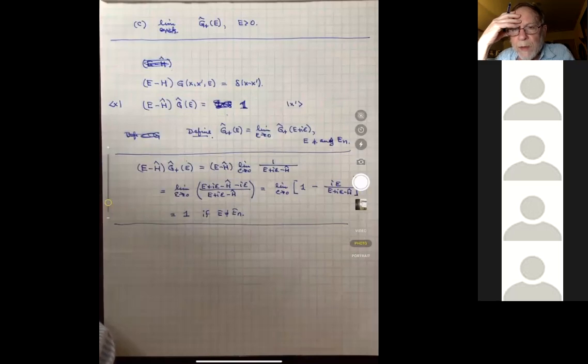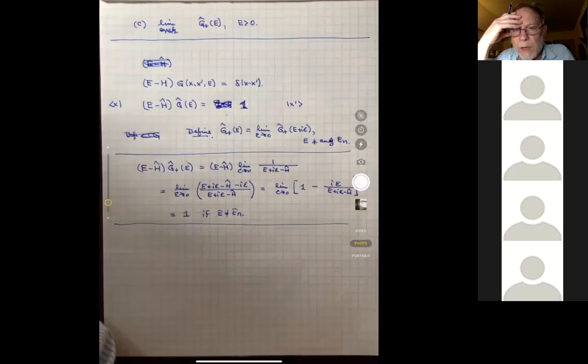They both have limits as you approach the real axis, as long as you avoid the discrete eigenvalues. And in the gaps between the negative energy eigenvalues, you find the two limits are the same. What this means is that the G operator, the G plus on the upper side and the G minus on the lower side, are actually analytic continuations of one another through the gaps between the discrete energy eigenvalues on the negative energy axis.